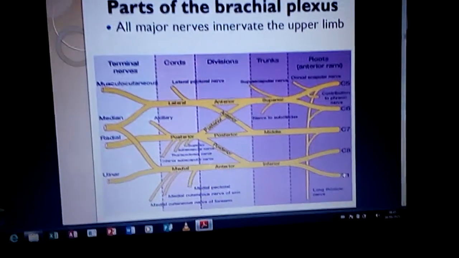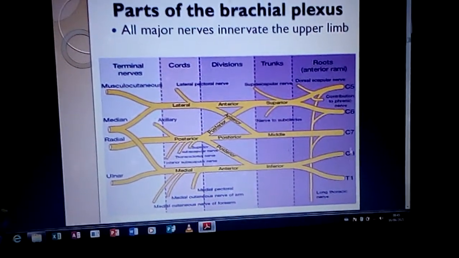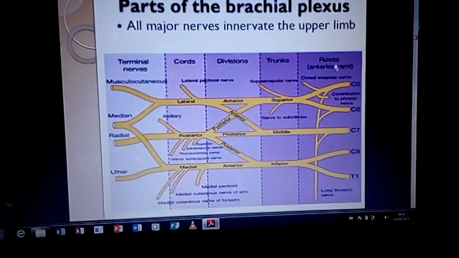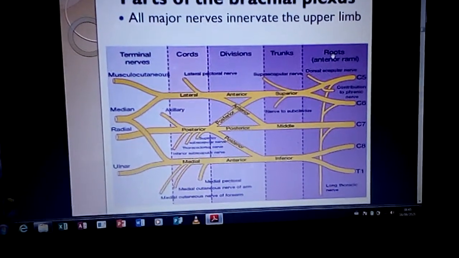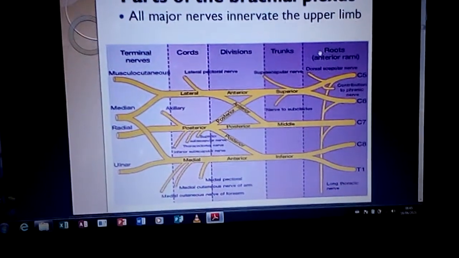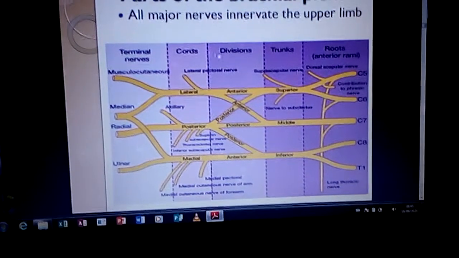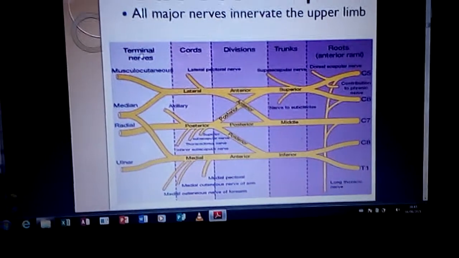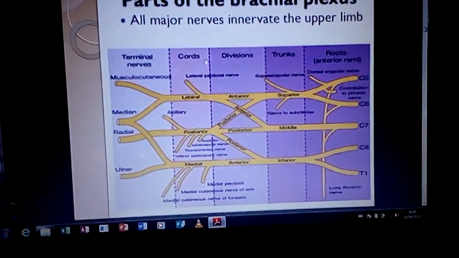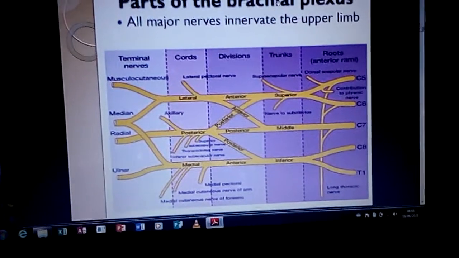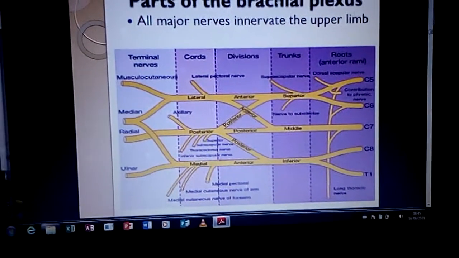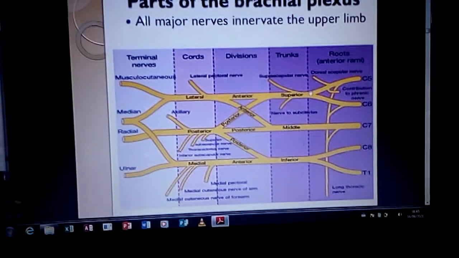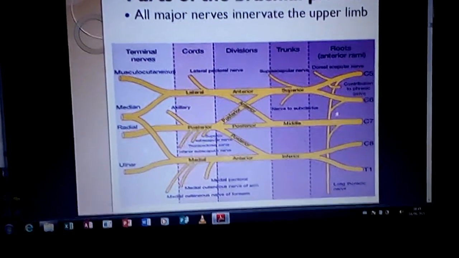The bronchial plexus further divides into 5 parts: the roots, the trunks, the divisions, the cords, and the terminal nerves. Let's keep in mind that the bronchial plexus innervates the upper limb, which is the forearm and the arm.